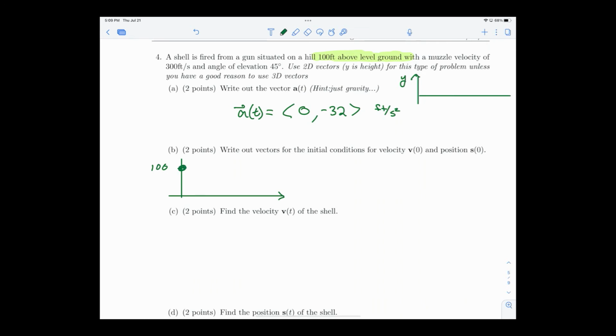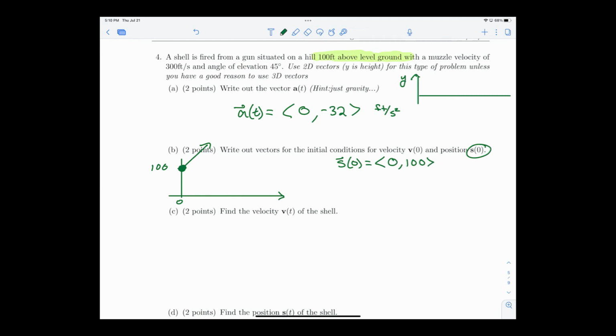This is our starting position, and we are aiming 45 degrees up this way. So our initial position is 0 in the x direction, assuming that this is 0, but in the y direction we're starting 100 feet off the ground.